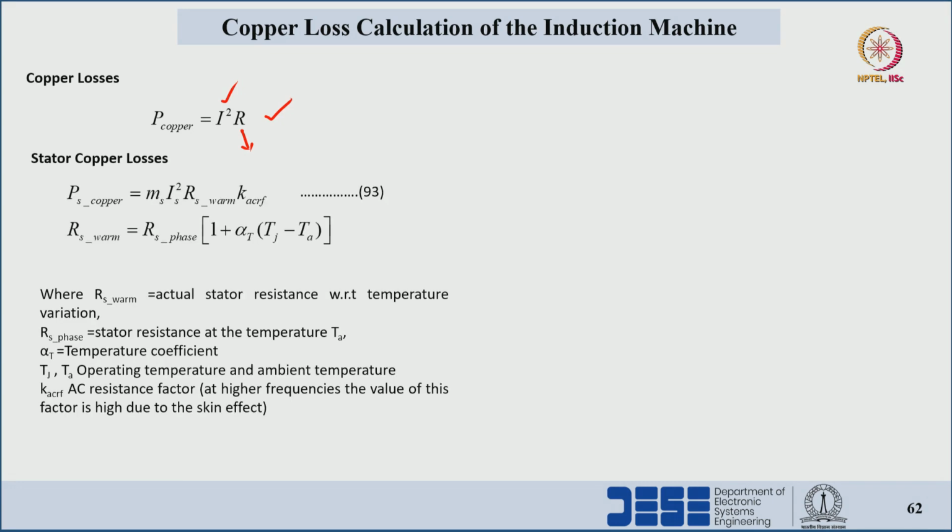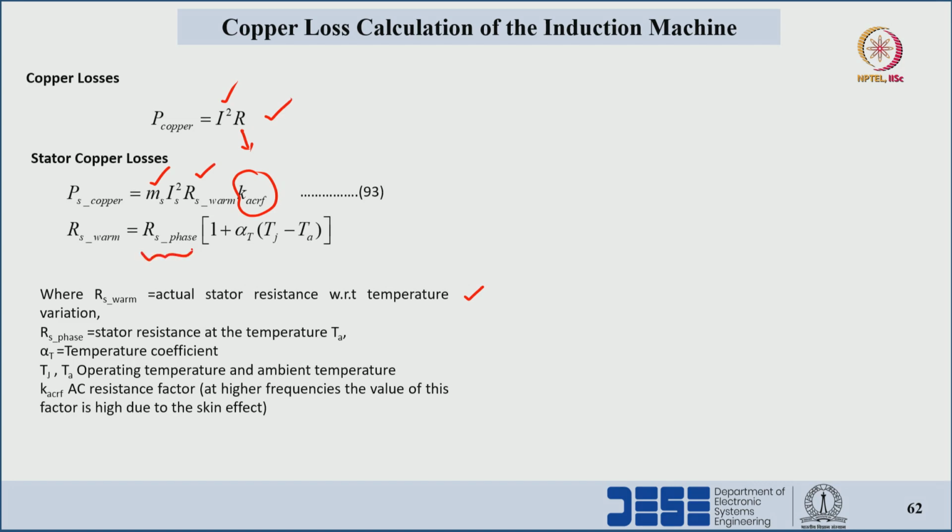If we look at the stator side, the stator copper loss is the I square R formula, multiplied by the number of phases, and a winding AC resistance factor, that is KCRF, also comes in. If we are operating the machine at higher frequencies, we have to consider the skin effect, that is the AC resistance factor. And the resistance with respect to the temperature variation is RS warm.